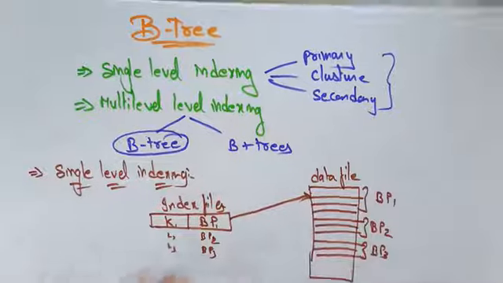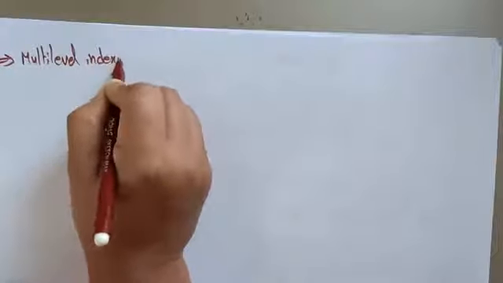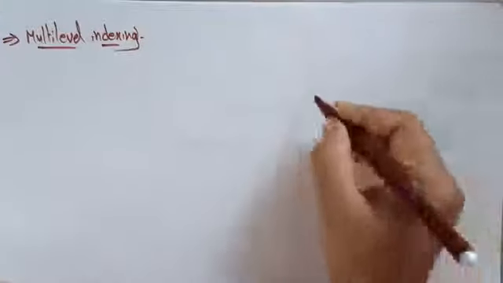Now let's have a look at the multi-level indexing. We already saw single level indexing with examples of primary, cluster and secondary indexings. I said the multi-level indexing covers B trees and B plus trees. Before going to know about them, let's see what this multi-level indexing is.